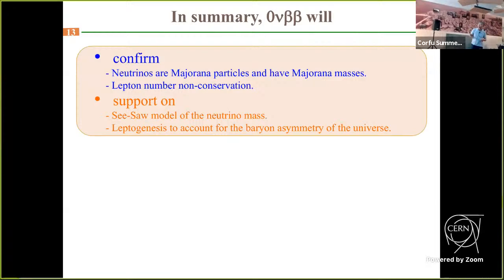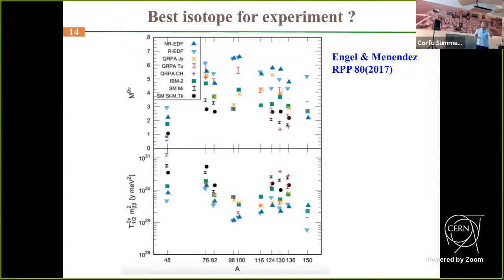In summary, neutrinoless double beta decay will confirm neutrinos are Majorana particles and lepton number non-conservation, to support the seesaw model and the leptogenesis I talked about. This is very important, but I didn't cover it. So now let me go a little bit to the experimental side, what we expect for the near future.